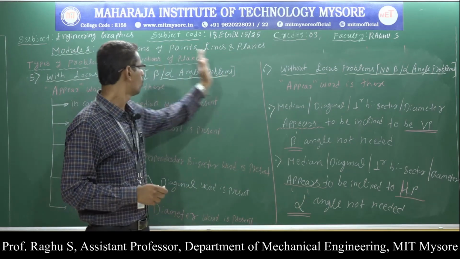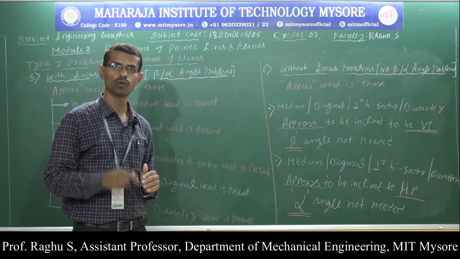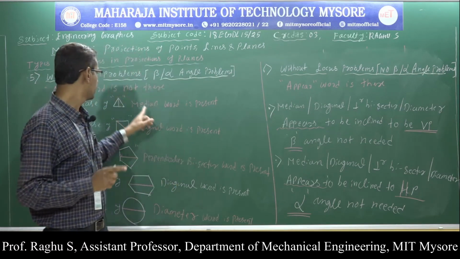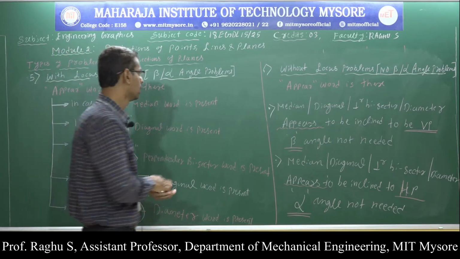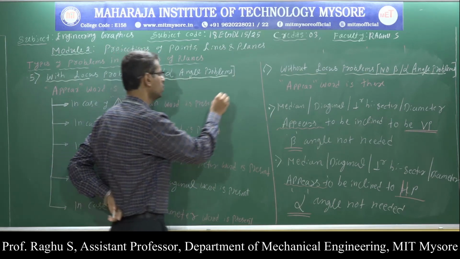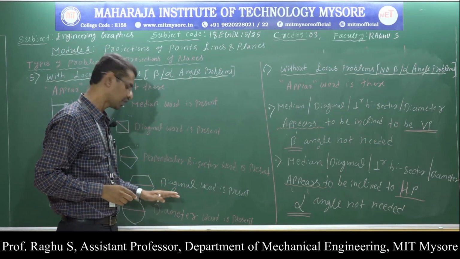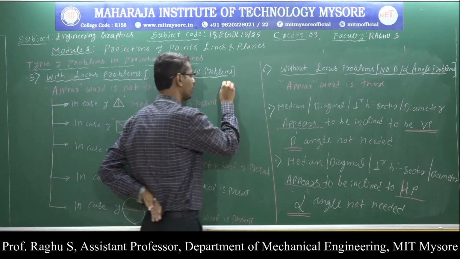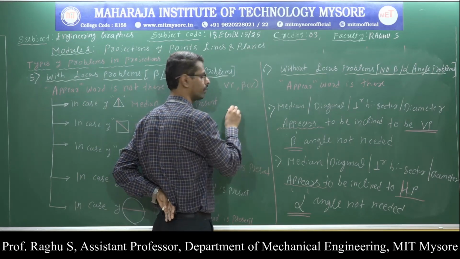So with-locus problems and without-locus problems, we can conclude: when the median, diagonal, perpendicular bisector or diameter is inclined to VP, then beta angle is needed.